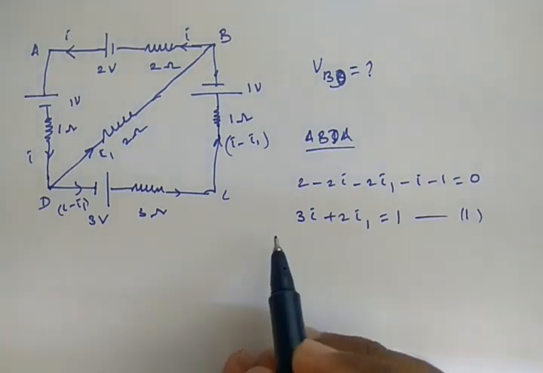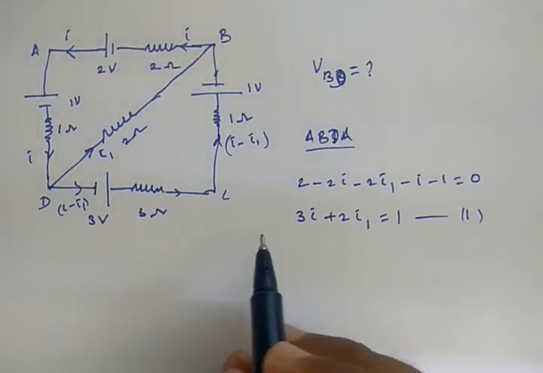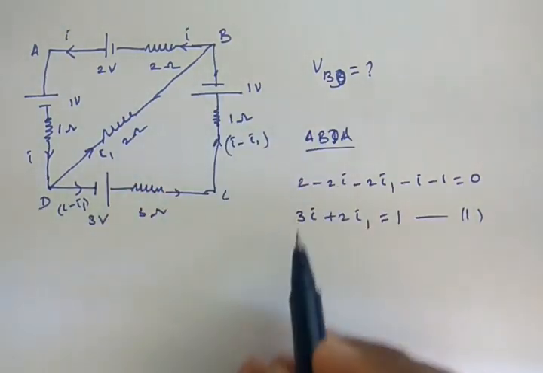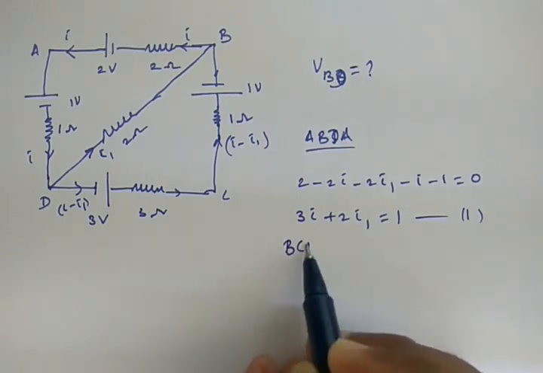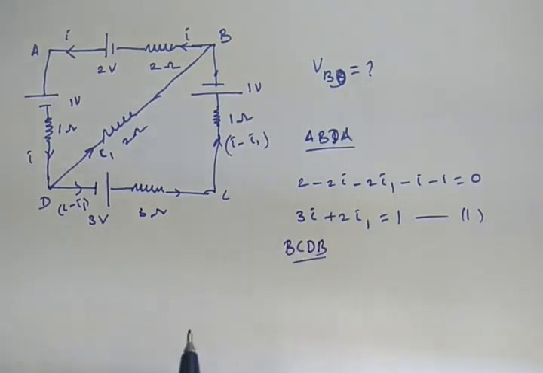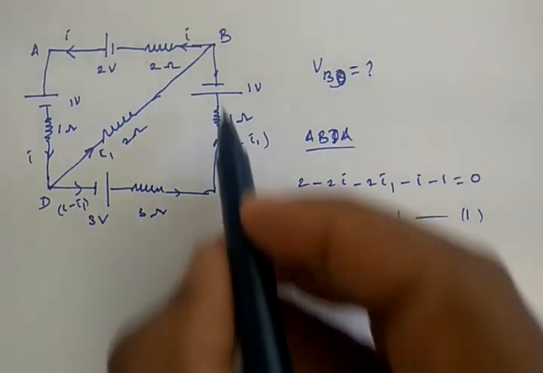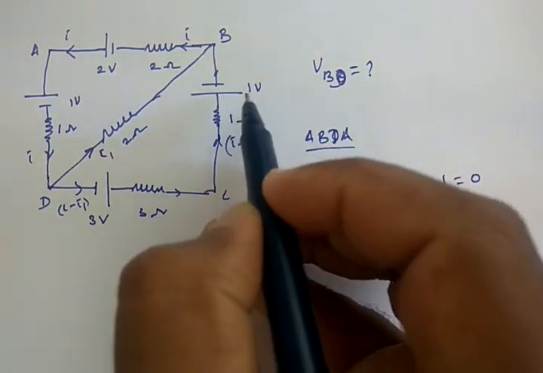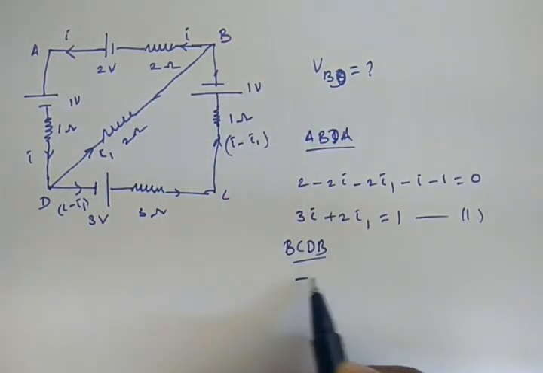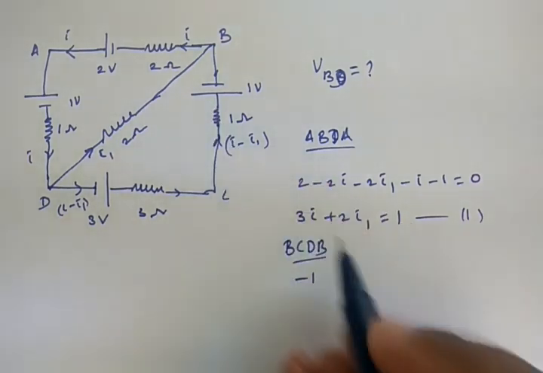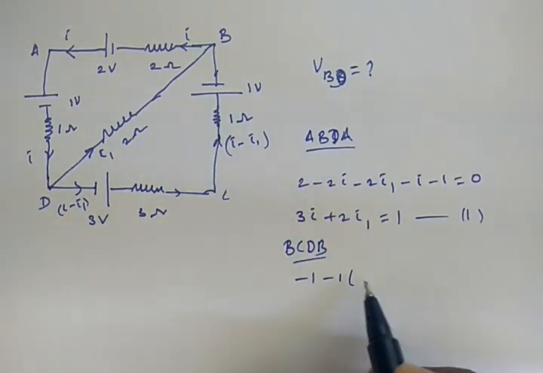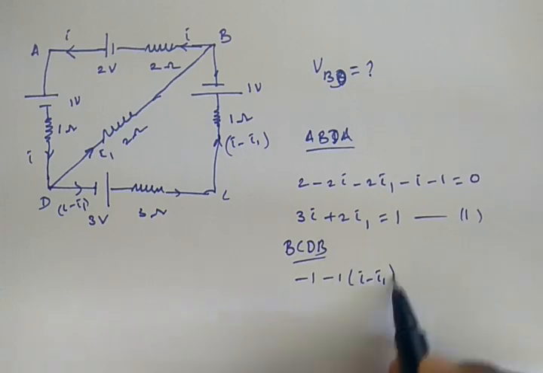So you take one more loop, that is BCDB. This is one more closed loop. So now the voltage across this one is minus 1. Then the voltage across this one is minus 1 into I minus I1.